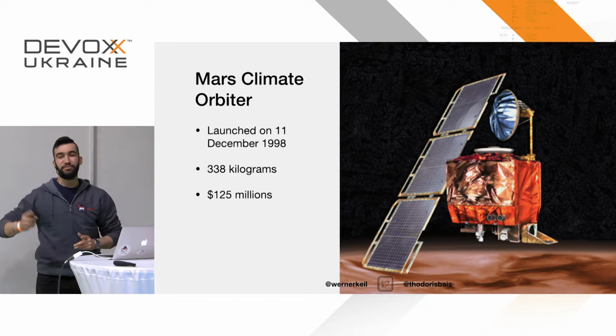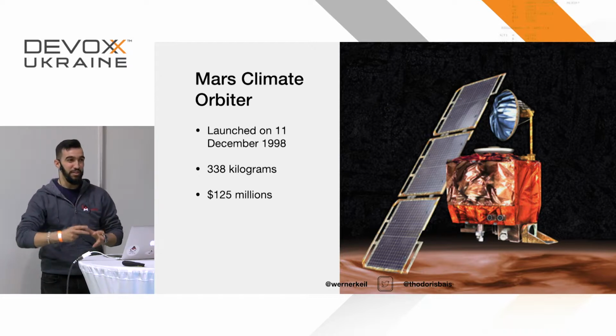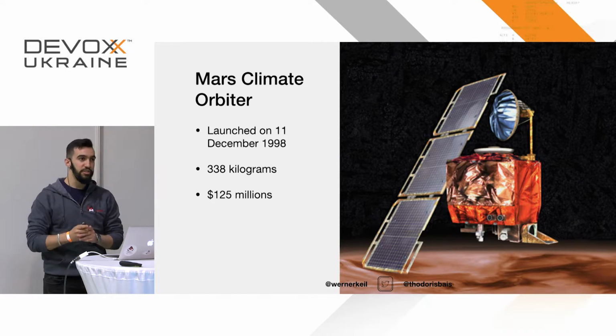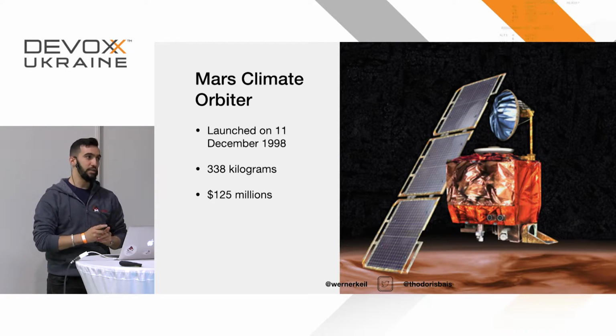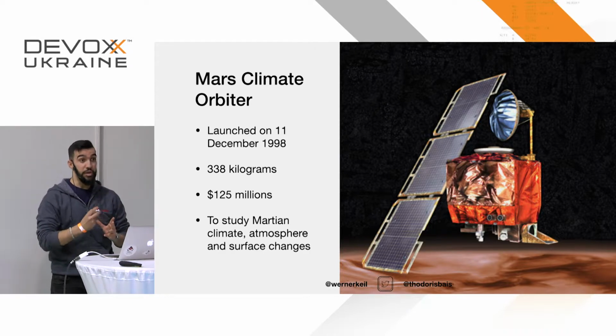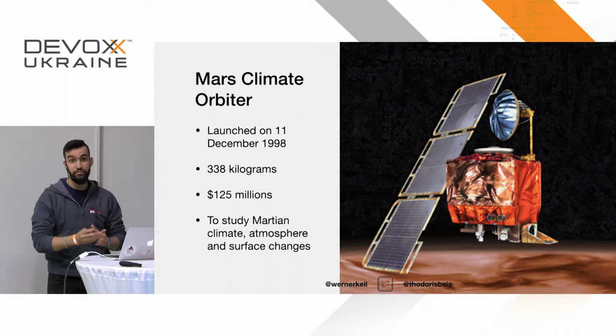We're going to talk about the amount of money that NASA spent later on. For now, it is important to also mention the reasons behind this mission, right? So, of course, the reasoning behind this mission was to study the Martian climate, atmosphere, and surface changes.